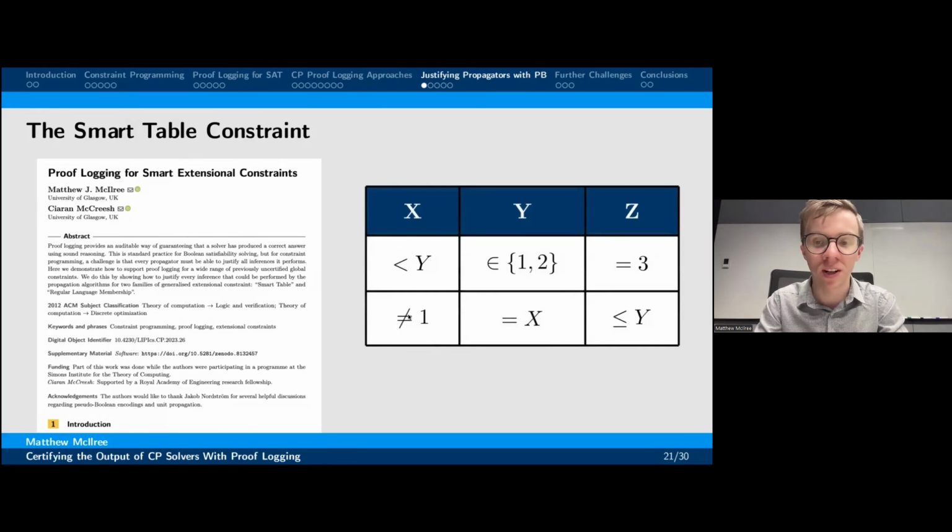This is very nice and allows us to cheekily tick off a gigantic number of constraints from the global constraint catalog, even if we've not added proof logging justification derivations directly to those propagators. We can at least be confident that we can process the proof in some way in order to expand any of those justifications out into a smart table justification.